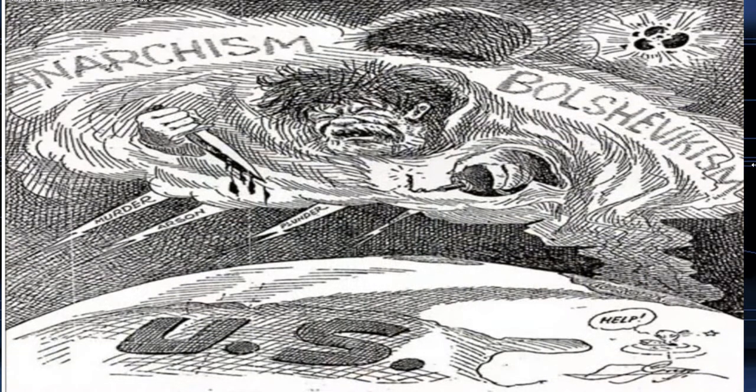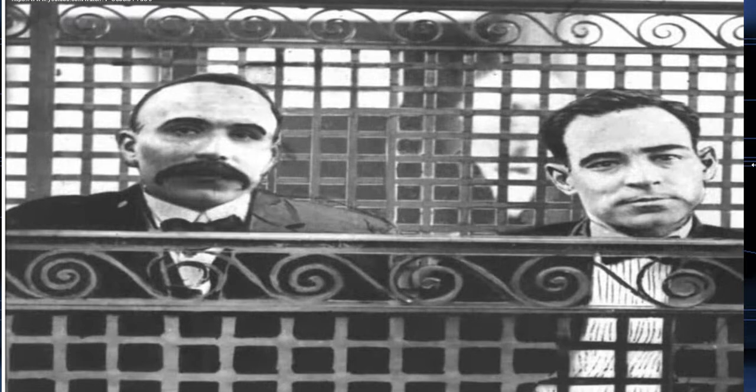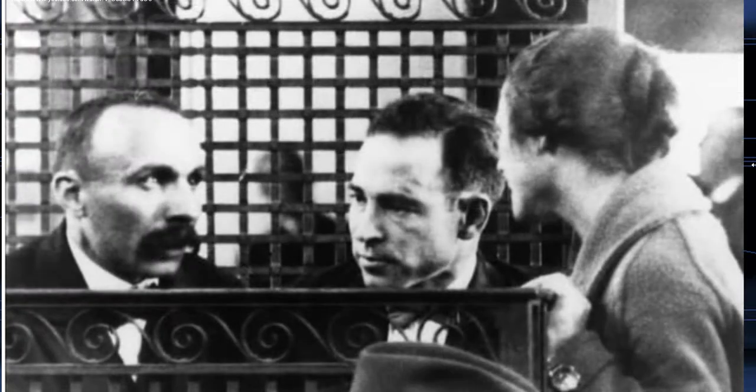Several other perceived threats also emerged in the 1920s. In April of 1920, 2 men were murdered during an armed robbery at a shoe factory in Braintree, Massachusetts. 2 anarchists were blamed for the crime. Nicola Sacco and Bartolomeo Vanzetti both believed in a form of anarchism that promoted violent warfare against oppressive governments.